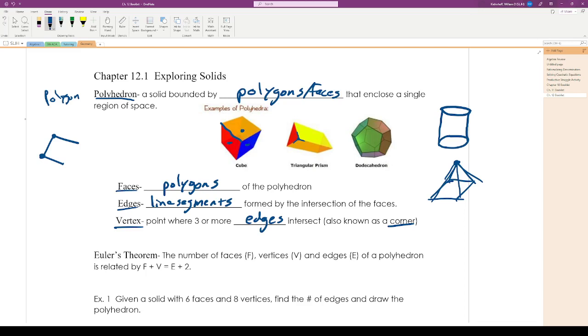So for a square pyramid, there are 4 edges meeting at this apex. But if I drew an octagonal pyramid, which I certainly can't do, but I'll just draw the base, then each edge is going to connect down to that base. So that apex point at the top would have 8 edges connected to it. That's why it says 3 or more, because it could be any number.